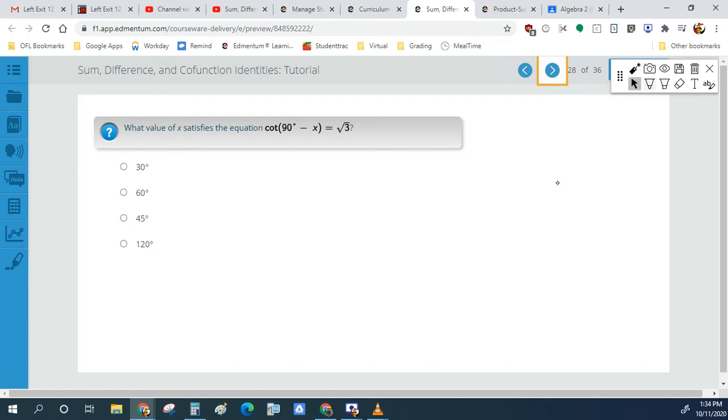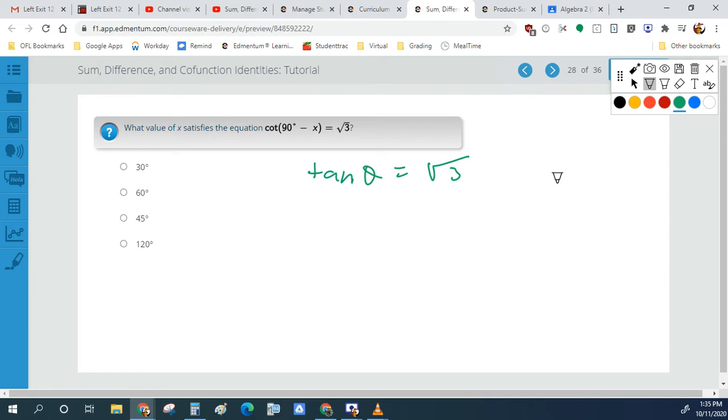So this tells me that I have to figure out tangent. Where does tangent theta equal square root of 3? Well, let's think about this.